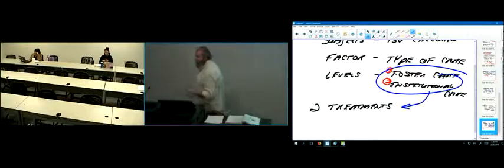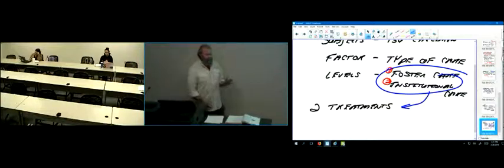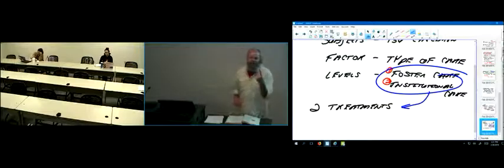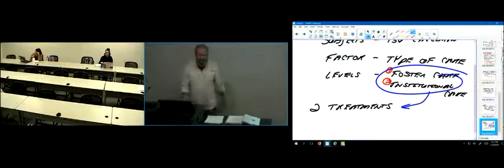Suppose there had been 3 levels, right? Foster care, institutional care, and some other kind of care. How many treatments would you have had? Right? Look at it this way. If you have a single factor that you're changing the value of, in other words, here, changing the type of care, you're giving different types. The levels are telling you the treatments. Right? So that's how I'm coming up with my 2 treatments.